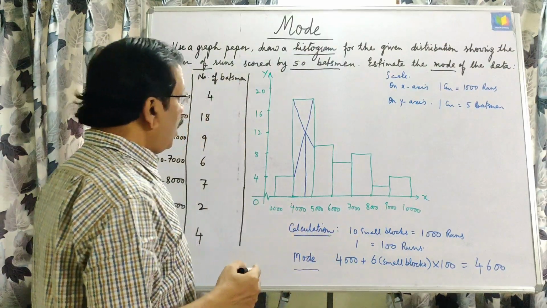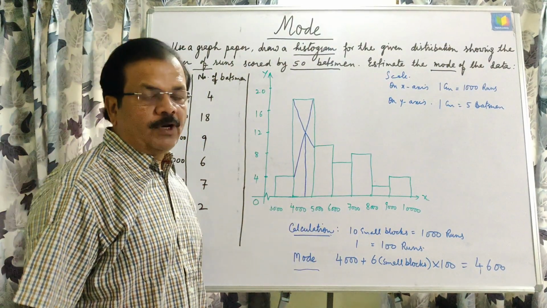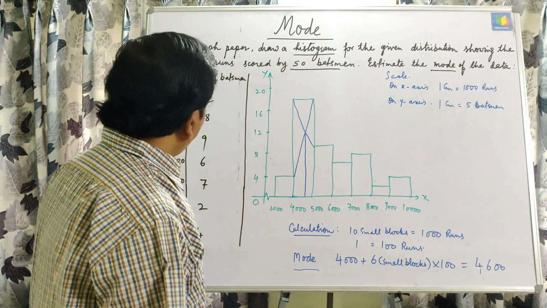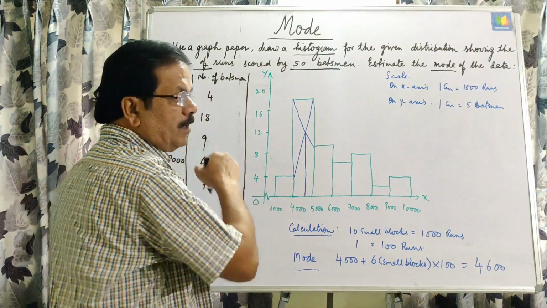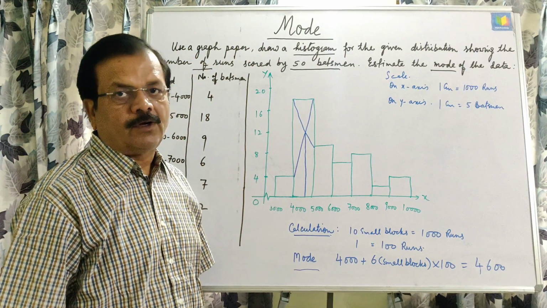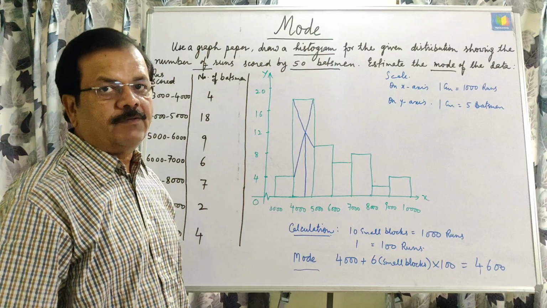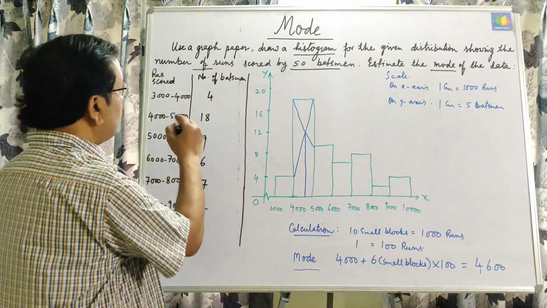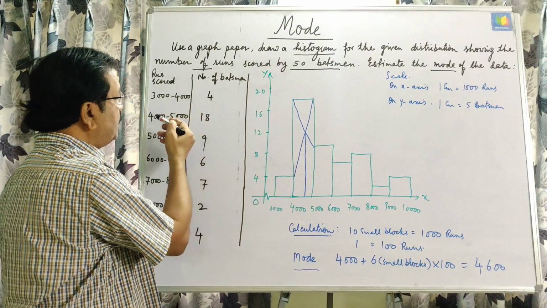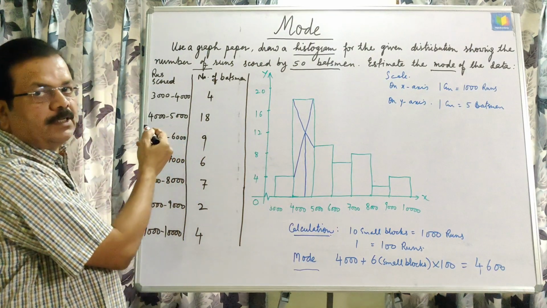Okay, now how to draw a histogram? I've already told you just now that whenever you are given any class interval, you should see whether the given class interval is continuous or not. If this is not continuous, make it continuous. Here you can see this is continuous, meaning the upper limit coincides with the lower limit of the next.